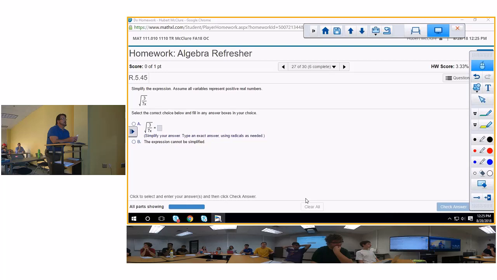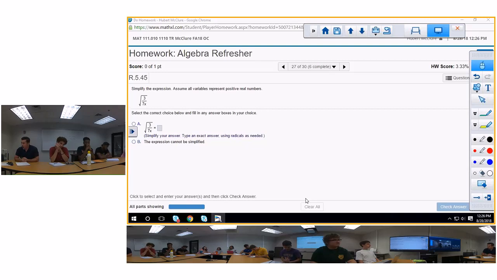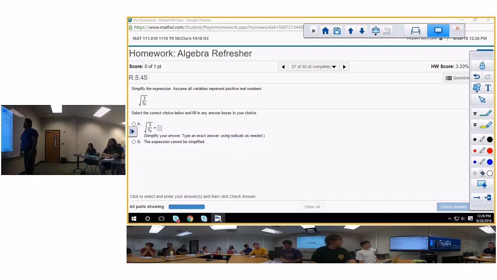3 over the square root of 7x. I'm going to multiply by the square root of 7x on the top and the bottom. Somebody tell me why I'm going to multiply by root 7x over root 7x. Because I don't want what in the denominator? I don't want a radical in the denominator.